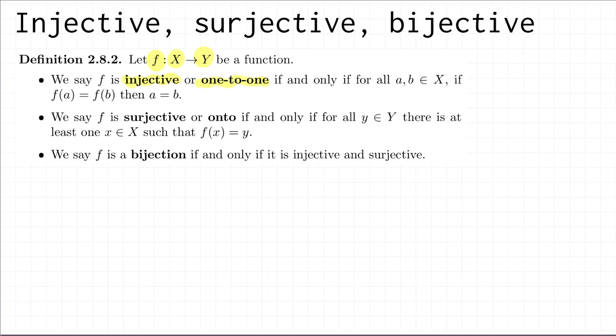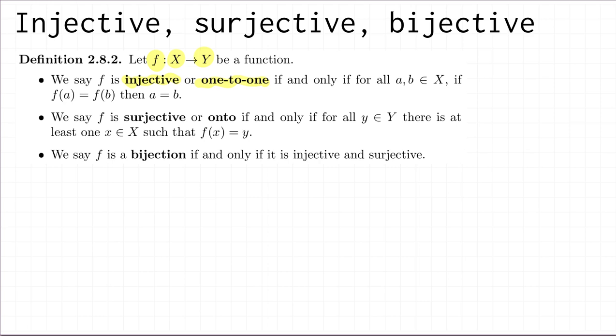Next definition is called surjectivity, or being onto. So a function is surjective or onto if for every element in the codomain, every y in the codomain, there is at least one element in the domain such that f sends that element of the domain to this given element of the codomain.